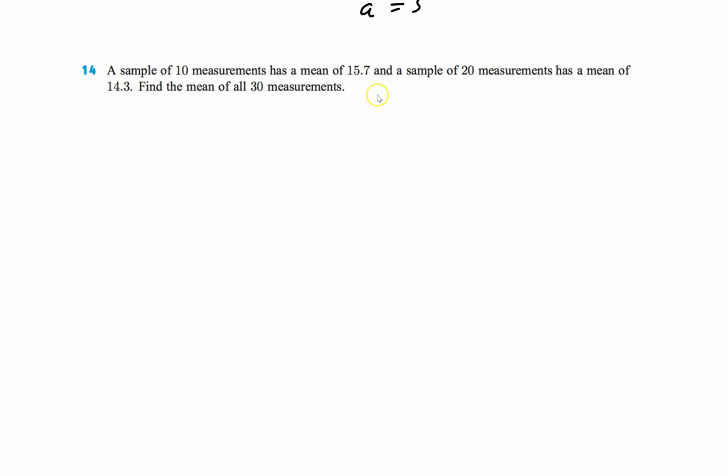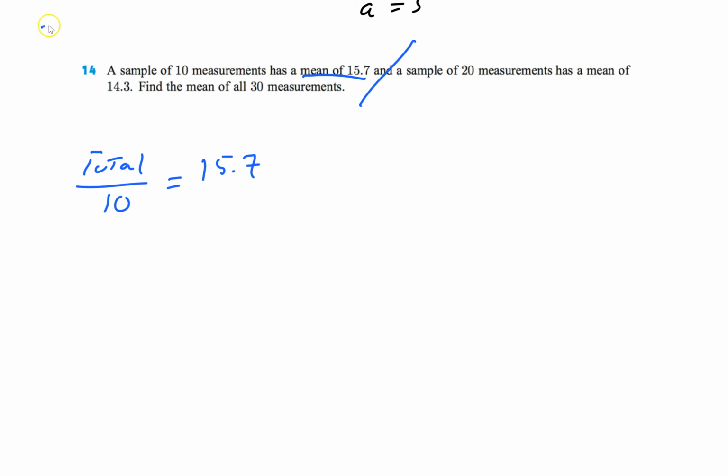Another quick mini example, just to get it off my chest real quick. A sample of 10 measurements has a mean of 15.7, and a sample of 20 measurements has a mean of 14.3. Find the mean of all 30 measurements. Students hate this type of problem. They always get it wrong. So the key is treat them separately. We have this one, where the total over 10 measurements equals 15.7. Right? The average is 15.7.